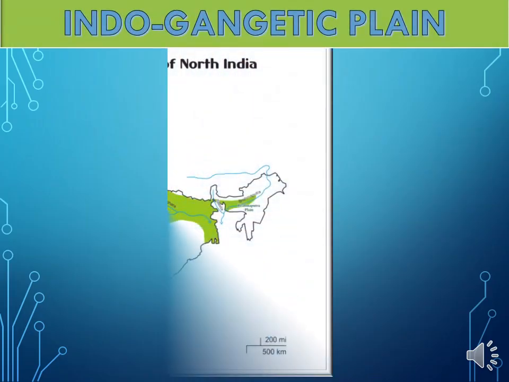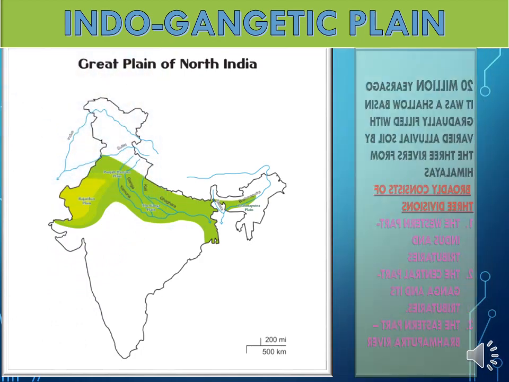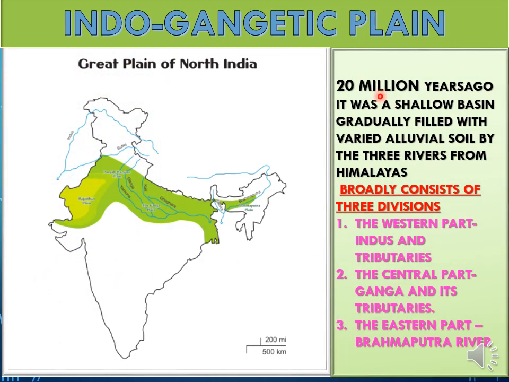Now let us move to the Indo-Gangetic Plain. 20 million years ago, it was a shallow basin gradually filled with varied alluvial soil by the three rivers from the Himalayas. Here is the Indus River, here is the Ganga River, and from this side flows the Brahmaputra River. Because of the flowing of these rivers from the Himalayas, they formed a big plain.